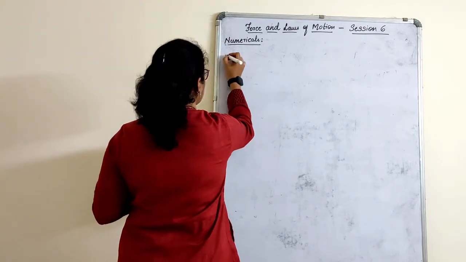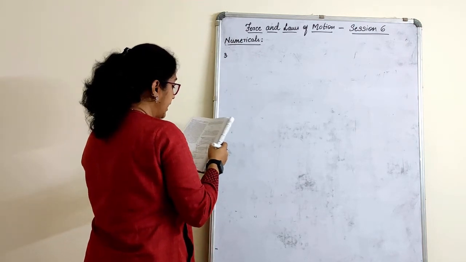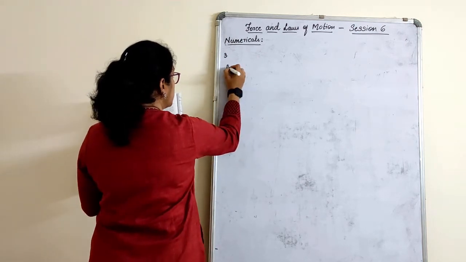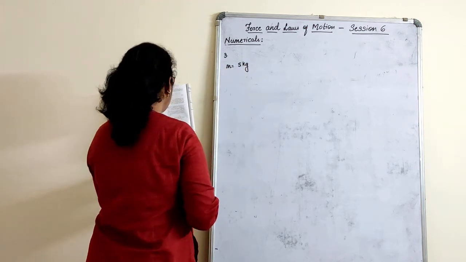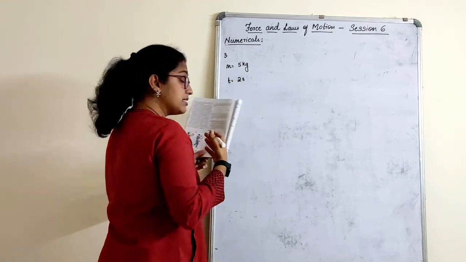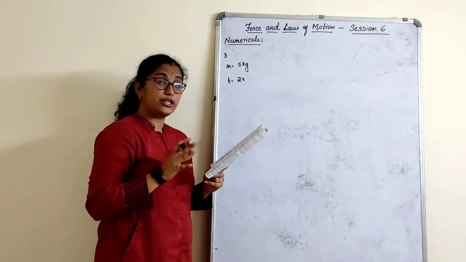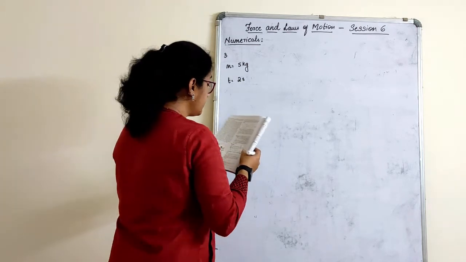We finished 2 sums, right? I'll go with the third one. A constant force acts on an object of mass, as and when you read, go on writing, of mass 5 kg for a duration of 2 seconds. These sums what I am solving now initially are based on force. The second half is based on momentum.